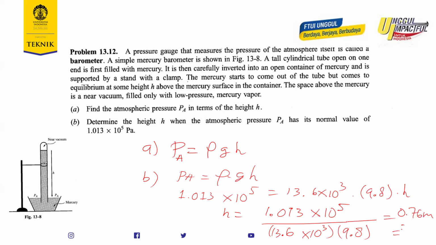This one is equal to about 76 centimeters, right? So the height of mercury here is 76 centimeters. Okay, any questions about the barometer?